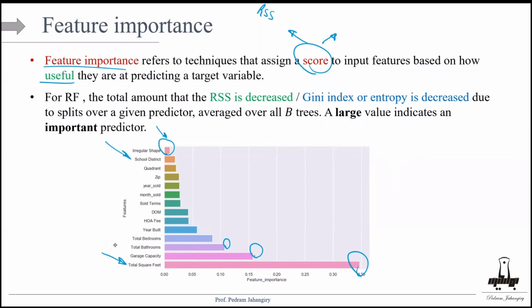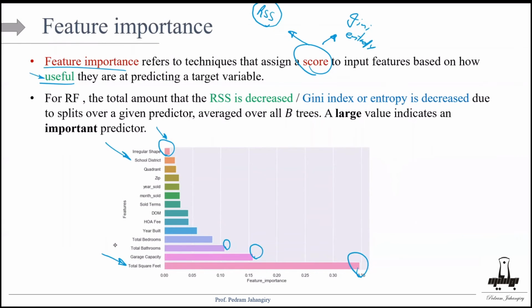If it is classification, we can look at Gini or entropy, the impurity index. By useful, for regression, we look at each feature and see by how much it is reducing the RSS, or by how much each feature is reducing the Gini or entropy. This is what we mean by useful.